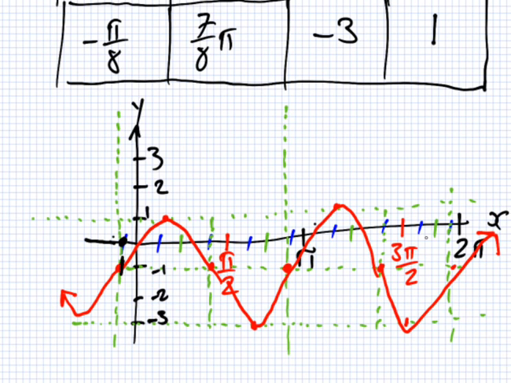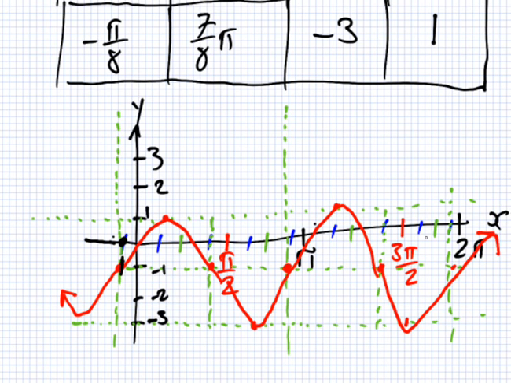So for example, here's pi over 4, pi over 4, pi over 2, and then split them all up again. I know it's a bit hard to see, but that's pi. That one there is pi over 2. That one there is 3 pi over 2. And each of these units is pi over 8.